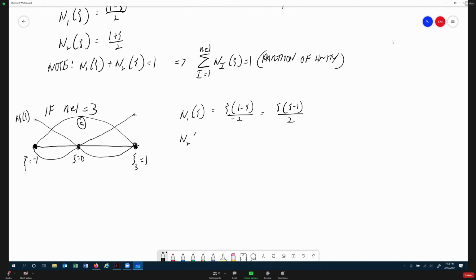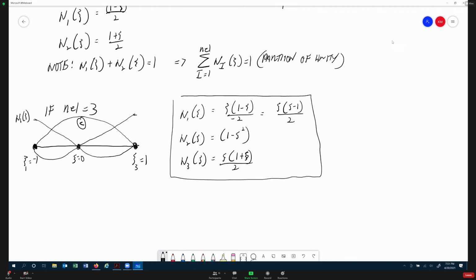And we have N2 of C equal to 1 minus C squared, and N3 of C equal to C times (1 plus C) over 2. And again, these are called Lagrange shape functions.